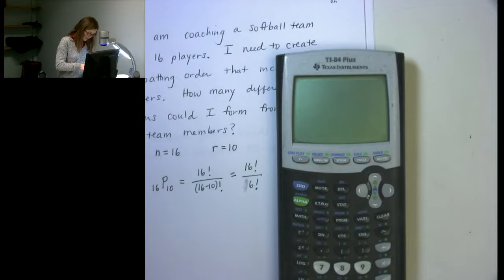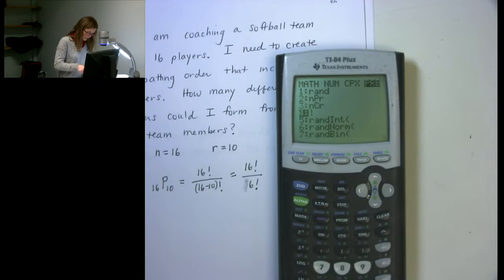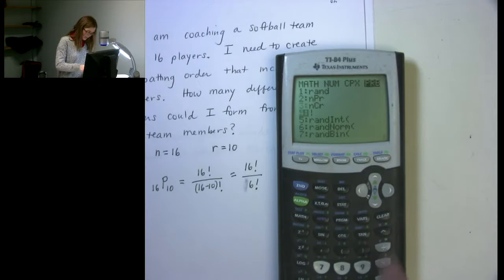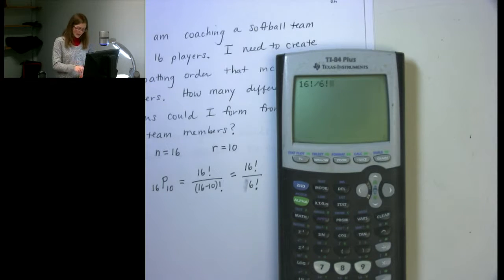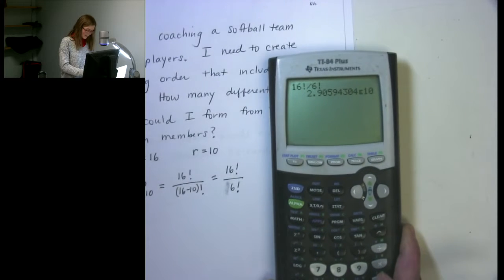Do 16, and then math, and then I can go down to the factorial, and then divided by 6, math, go over to probability, and go down to the factorial button. So I can now press enter, and it tells me 2.90594304 times e to the 10th power. So that's a very large number of possible batting lineups.